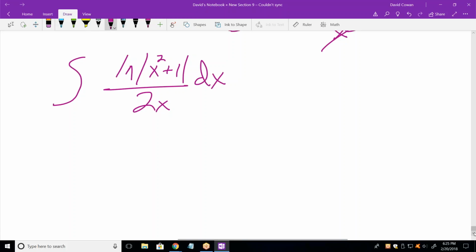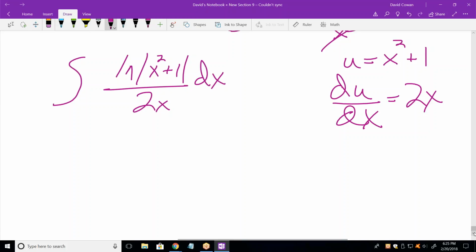Maybe. Okay. Maybe. Hold on. Let's just try it. So u is going to be x squared plus 1. Now always differentiate this. du dx is going to be 2x, which makes du equal 2x dx.